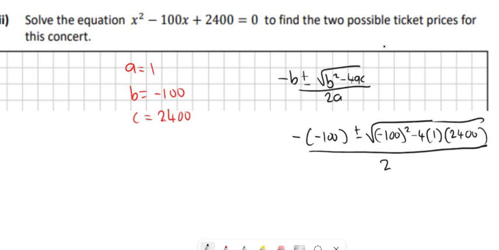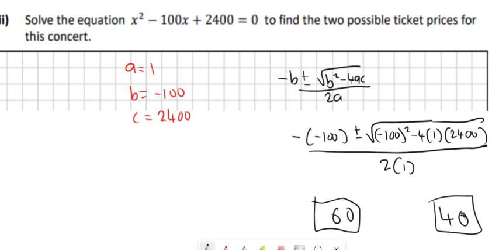And I always tell students here, put everything in with brackets and then go straight to the calculator. And put it in with a minus first and then put it in with a plus. And we end up getting 60 for one of the values and we get 40 for the other. So those are our two ticket prices then, or our two possible values. Right, that's all for that question.